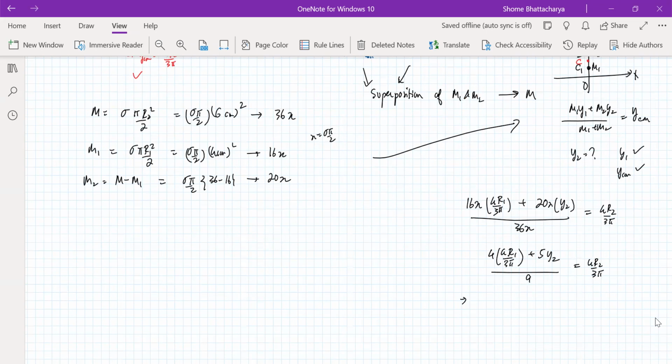So I should be getting y2 as 1 by 5 of 9r2 minus 4r1, into 4 by 3 pi. Just check my calculations. So I should be getting y2 as 4 by 15 pi into 9r2, so that is 9 into 6, minus 4r1, that is 4 into 4. This I should be getting in centimeters.